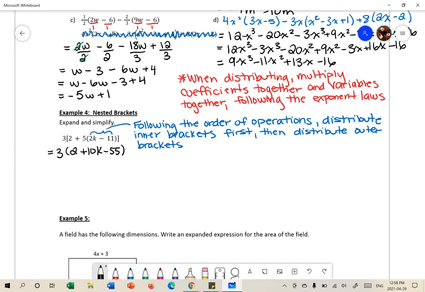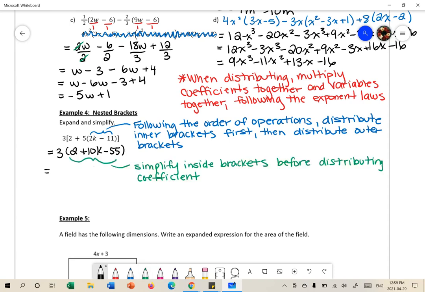Next, I'm going to simplify inside the brackets before distributing the coefficient 3. I'm going to collect like terms in the brackets and then simplifying like terms in the brackets. And now I'm going to distribute the 3.